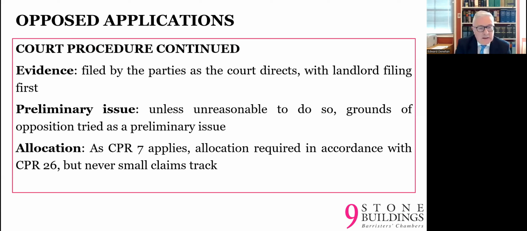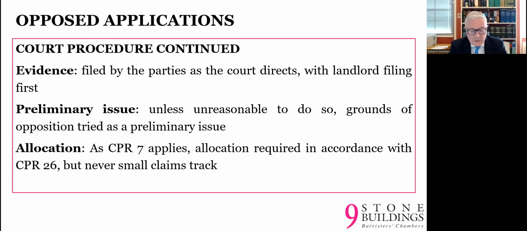Unless it's unreasonable to do so, grounds of opposition under section 31 are tried as a preliminary issue, and it's hard to imagine any common grounds upon which it would be unreasonable to do so. As CPR Part 7 applies, allocation is required, but can never be to the small claims track, so it would be the fast track or the multi-track.